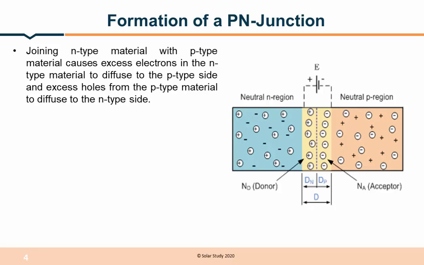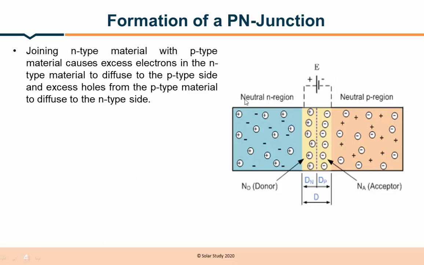Suppose we take boron as the p-type material, then we put silicon there in the p-type material. So now the p-type material is joined with the n-type material, forming the complete p and n formation. This is called the p and n junction.